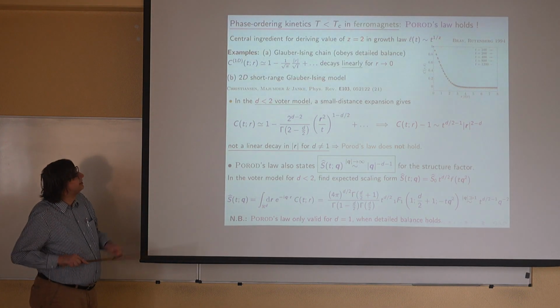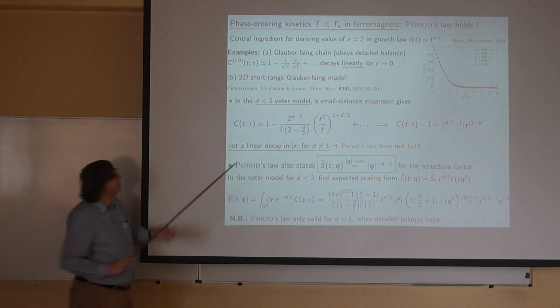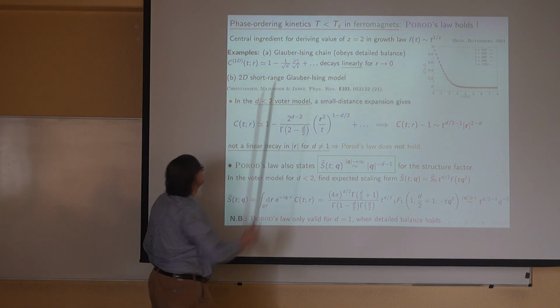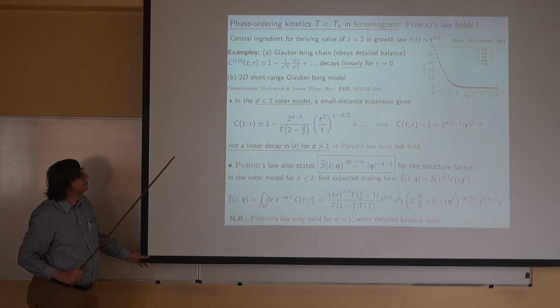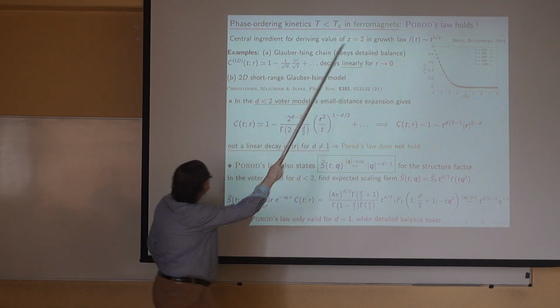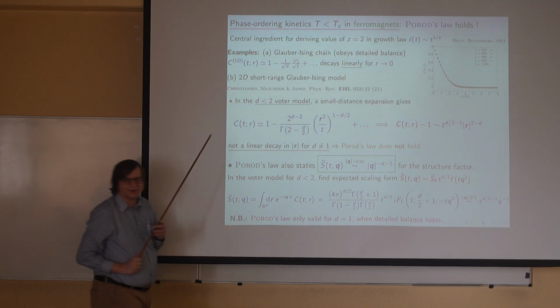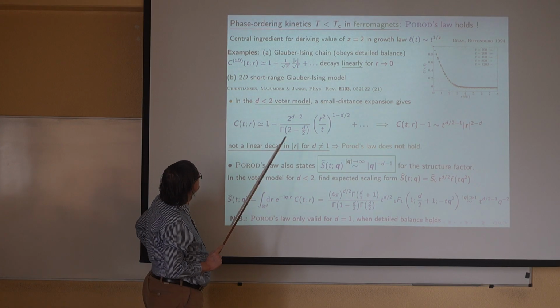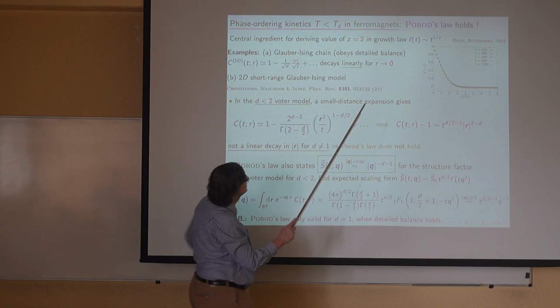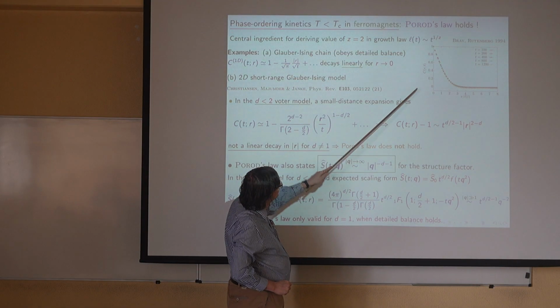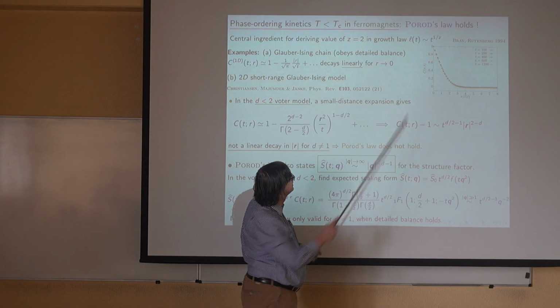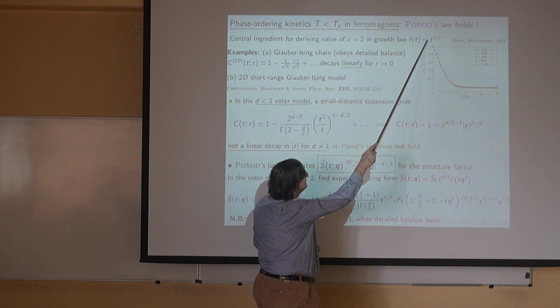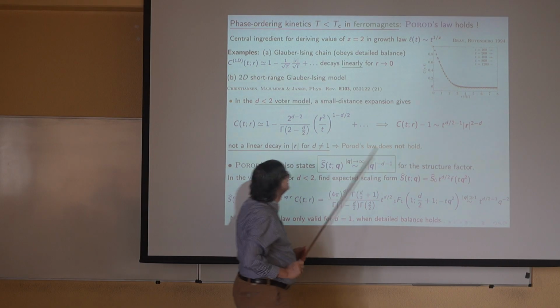the physical remark. When we do phase ordering kinetics, so we make a quench below T_c, let's go for a quench in ferromagnets. So it's a standard Ising model. Then we say there's something like Porod's law, which means when you look at the correlator as a function of distance, it is always decaying linearly.